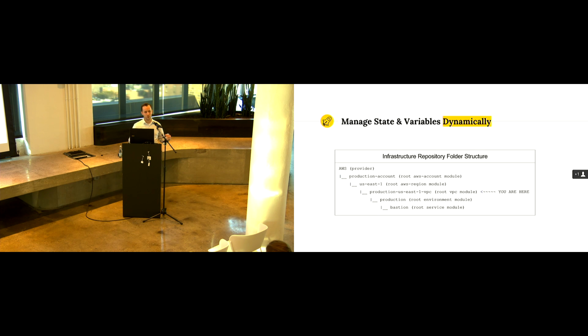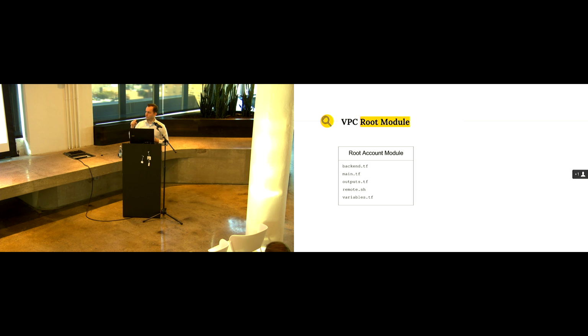So this is a root module where we can instantiate a VPC module. These files will live in that infrastructure repository at that folder level, and these files will essentially be the files that you'll put in each of your root module directories.